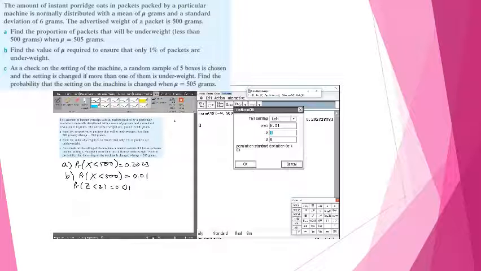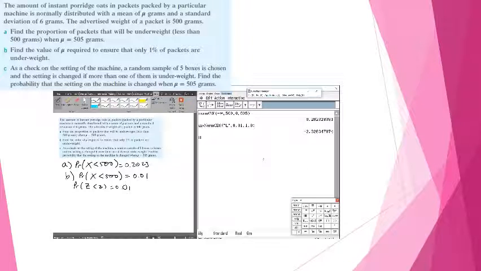Our mean for a standard normal distribution is 0, and our standard deviation is 1. So z is negative 2.3263.